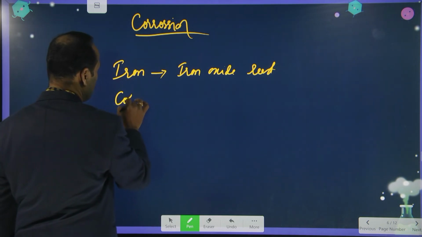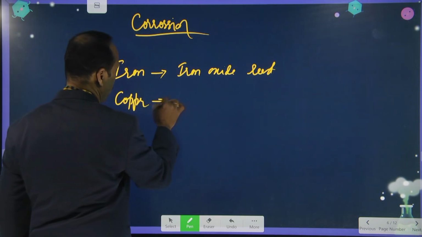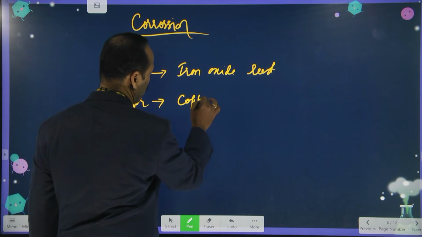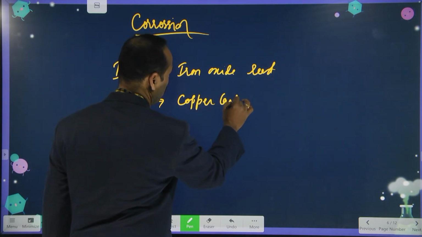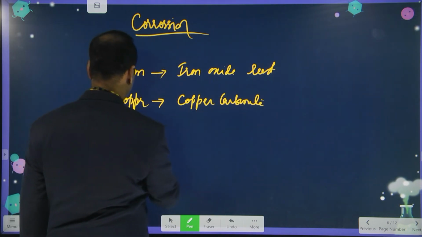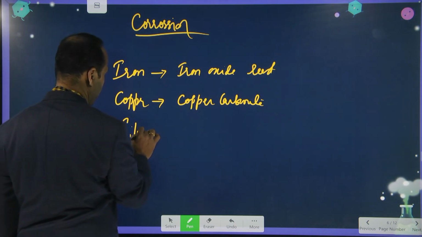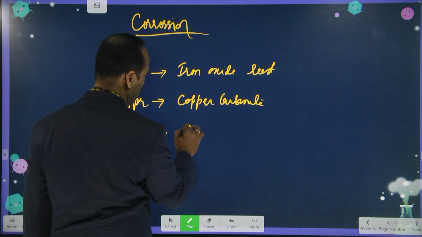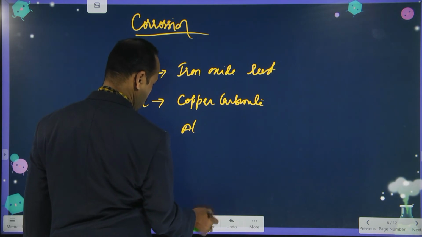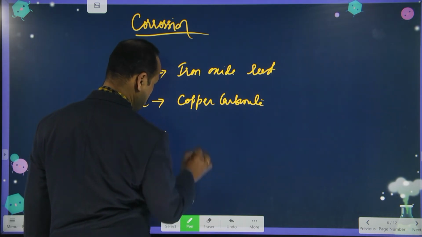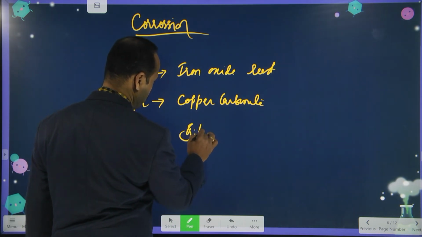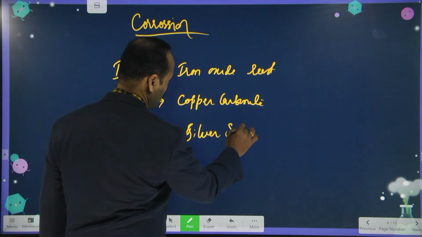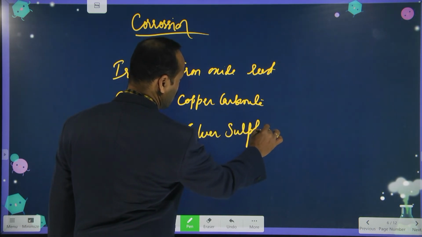Similarly, copper also undergoes corrosion and forms copper carbonate. Similarly, silver also gets corroded with sulfur and forms silver sulfide. Like this they corrode.